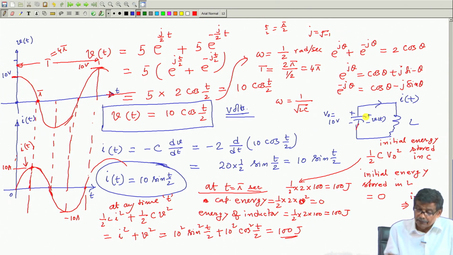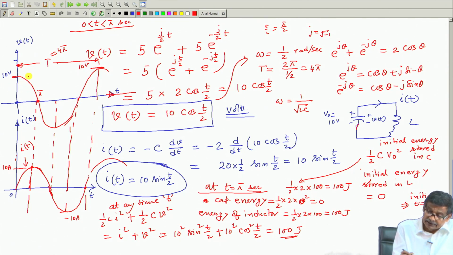See, during 0 to pi second, voltage applied across the inductor was positive and current must go on rising. That is what exactly happened. You spent this much volt second to charge the inductor here, and current rose from 0 to 10 ampere, positive volt second you have spent.